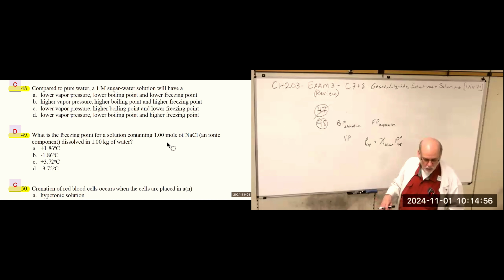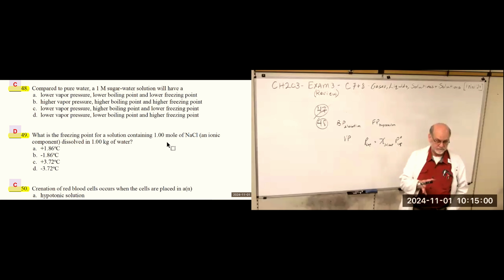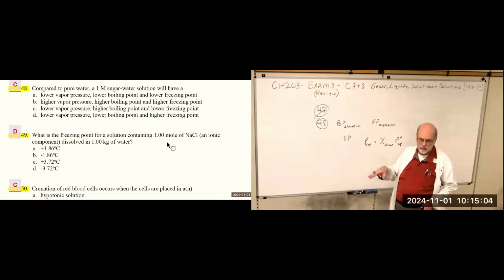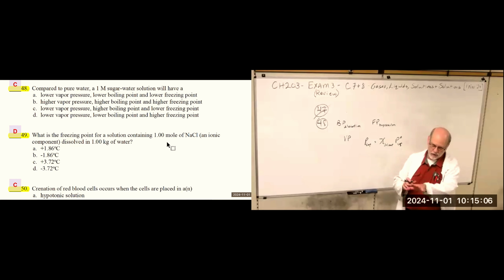So a 1 molar sugar water solution, and the solute must be non-volatile. If it's volatile, then we get a modified Raoult's law, and we didn't do that. We haven't gone that far.